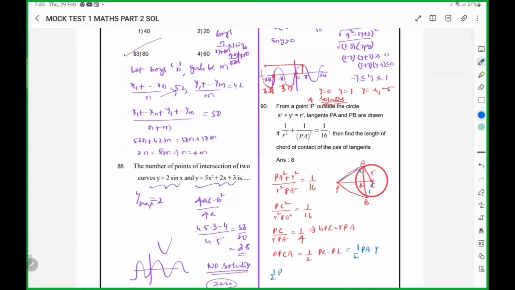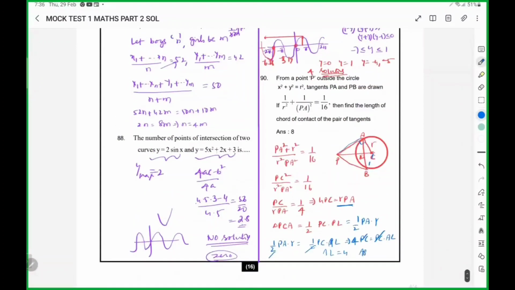Half PA into R equals half PC into AL. So the halves get cancelled. R into PA is 4 into PC, which is PC into AL. AL here is 4. AB is twice the length. Its length is 8.